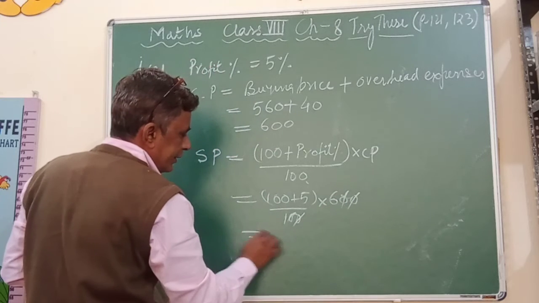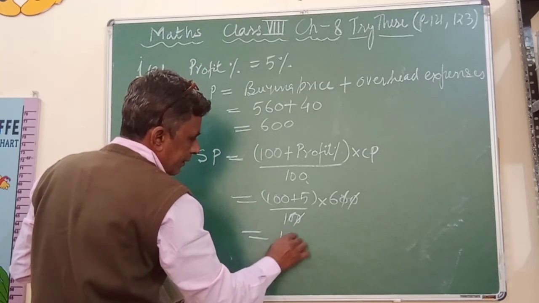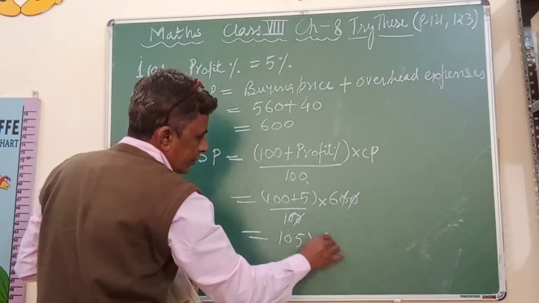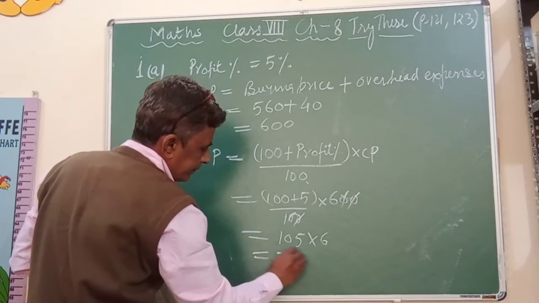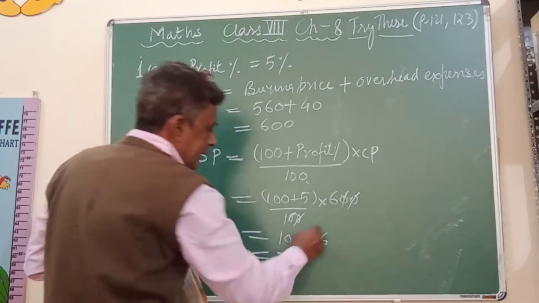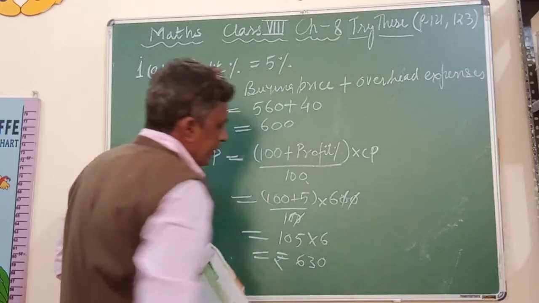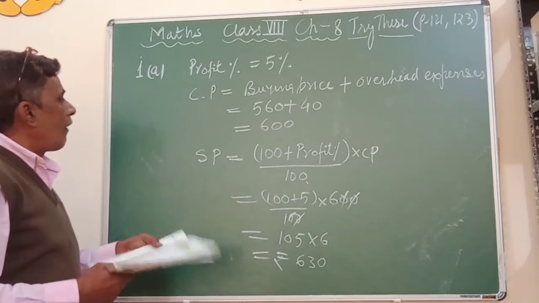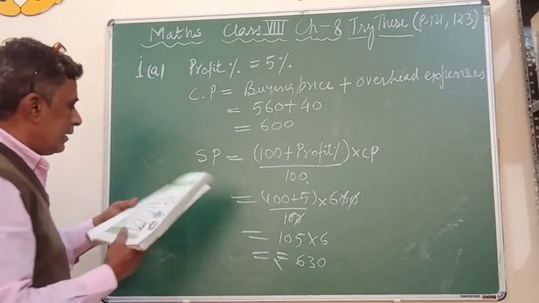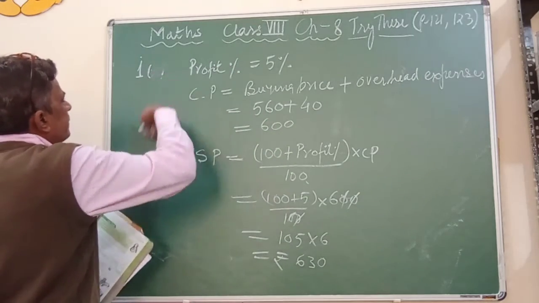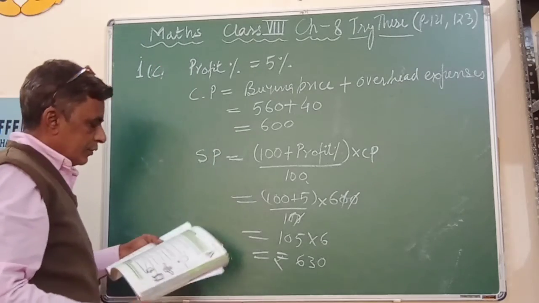After cancelling the zeros, we get 105 into 6. 6 fives are 30 and 6 ones are 6. So the selling price of the fan in this part, the C part, is rupees 630.